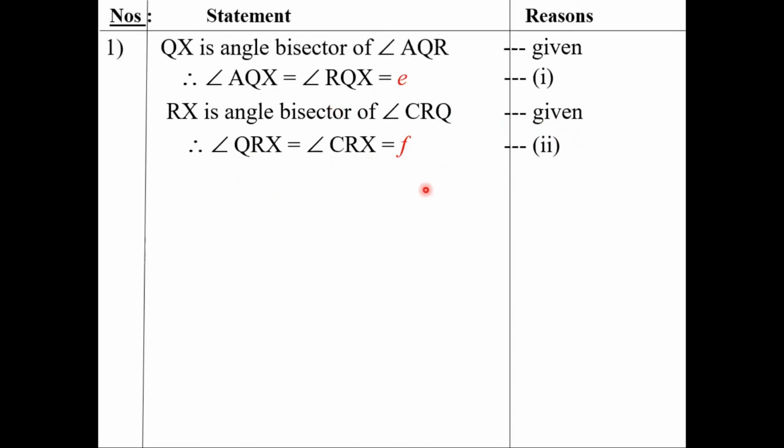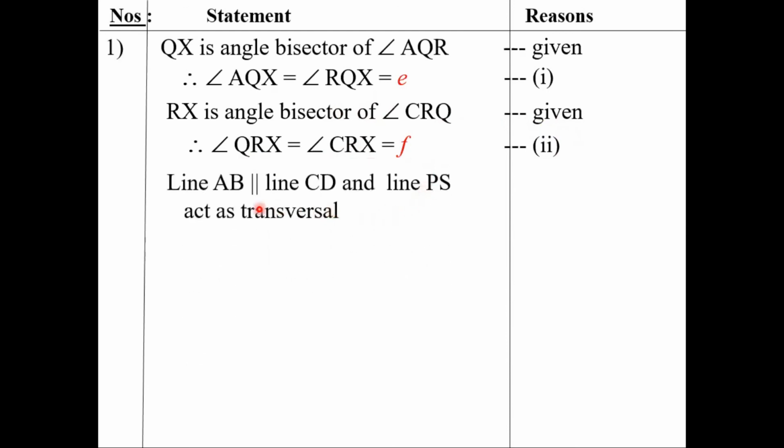Now we are going to consider a triangle QXR, and here they have given us line AB parallel to line CD and line PS acts as a transversal. So we are going to write the property of interior angles. Therefore, angle AQR plus angle CRQ or QRC is equal to 180 degrees, meaning the sum of the interior angles.